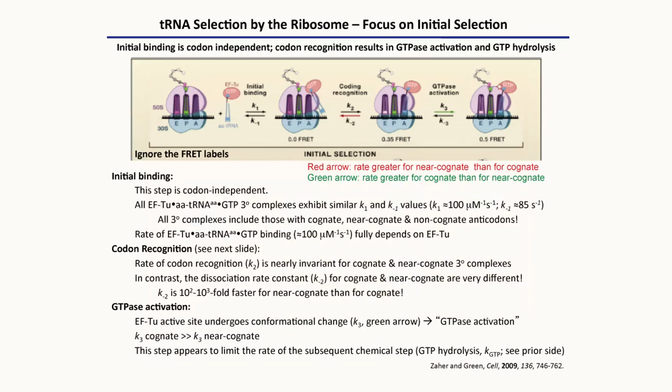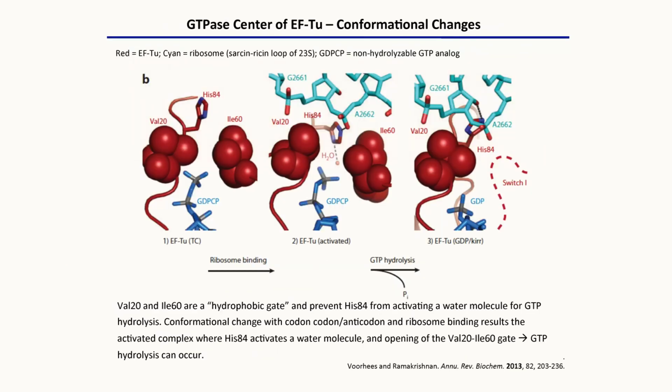So here are some more details on this initial binding process, with some information related to the K1s and K-1s. That's provided to help navigate the reading this week for recitation. So what happens in the GTPase center of EF-Tu?